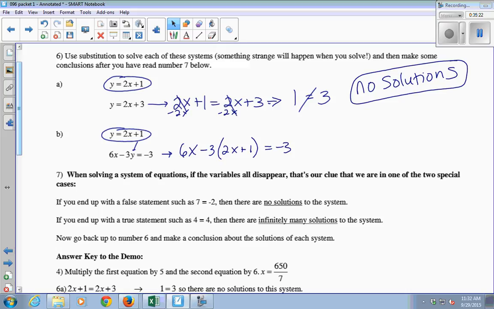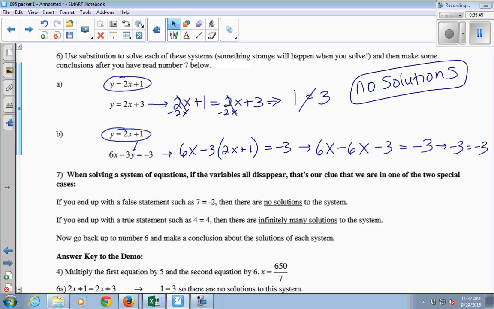Now I just have x's here. I can try to solve this for x. So I'm going to start by distributing my negative 3. So I have 6x minus 3 equals negative 3. And what's 6x minus 6x? 0. Those go away. So this becomes negative 3 equals negative 3.